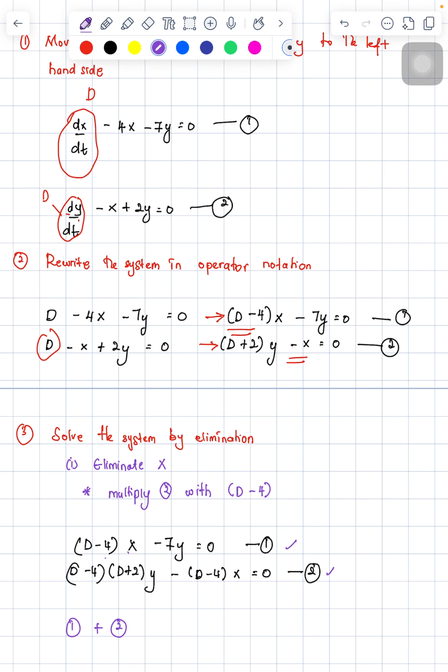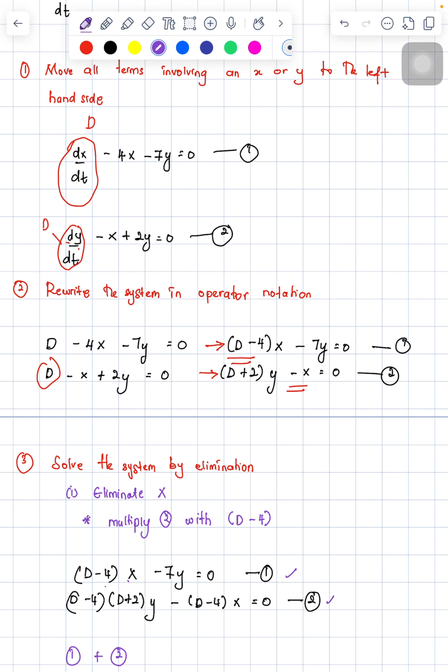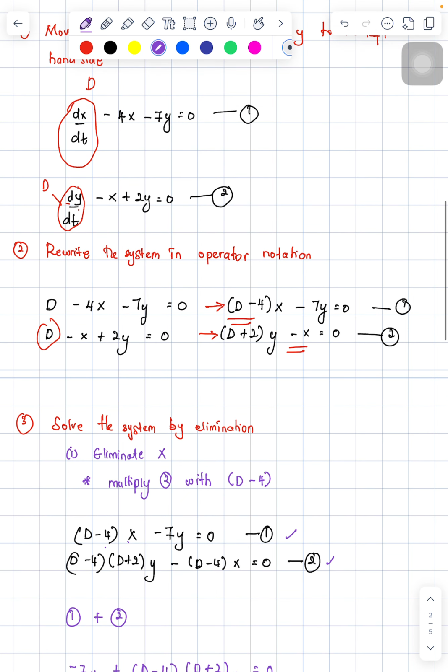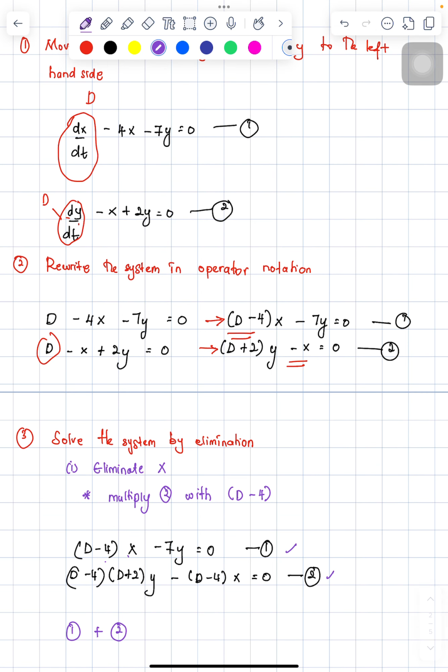Here negative 7y. But for equation 2 we have d plus 2y. So to eliminate y, we have to multiply equation 1 with d plus 2, and equation 2 we have to multiply with 7, since here we have 7 coefficient here.